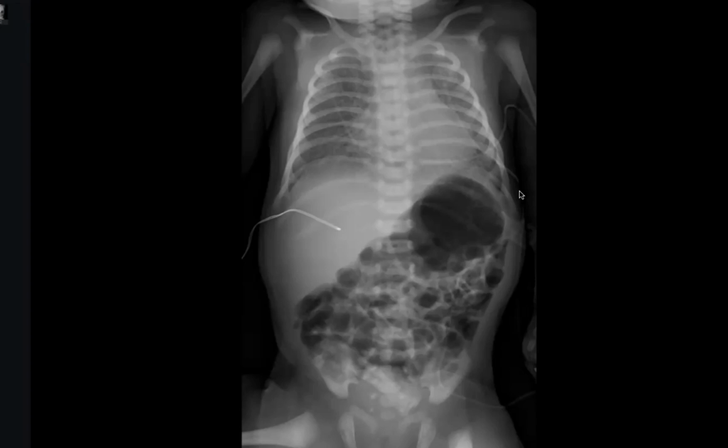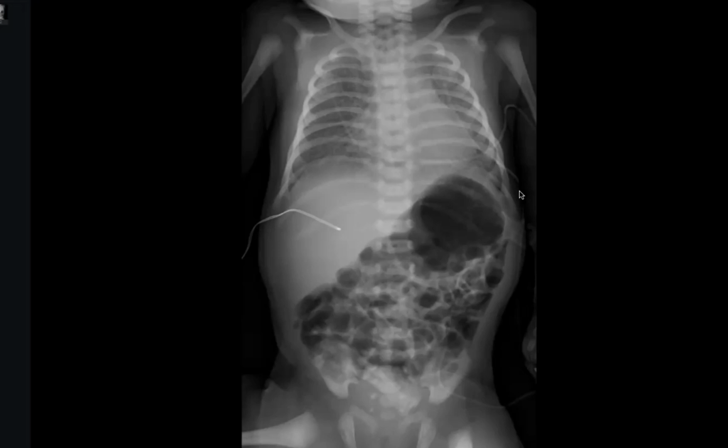What's your differential in a newborn with respiratory distress? I can't see the humeral epiphyses, which indicates that the baby is premature. No, first possibility is the baby is not premature.